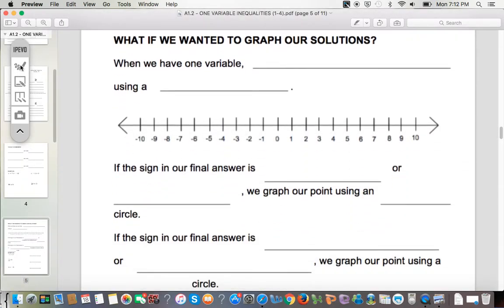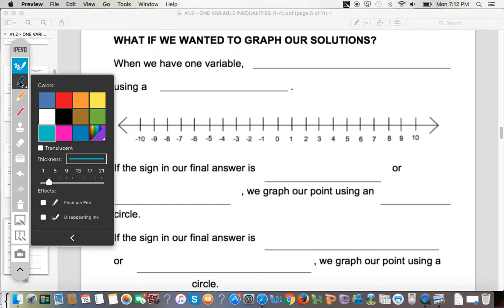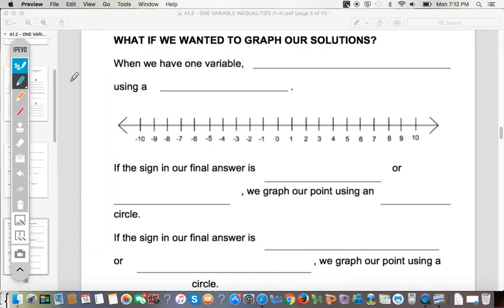So as I mentioned earlier, we are going to add a graphing component in this standard. So we'll get into that right now. If we have one variable, we can graph our solutions using a number line.